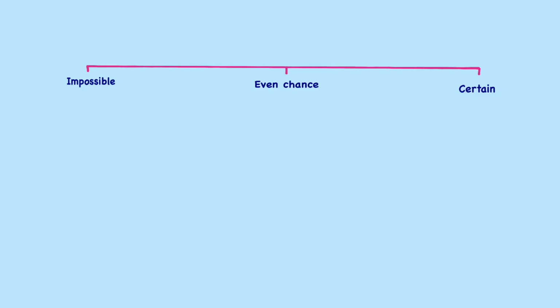If something has an even chance of happening, we would write it as 50% as a percentage, a half as a fraction, and 0.5 as a decimal. If something was certain, it would be 100% as a percentage, as a fraction it would be 1, and as a decimal it would also be 1.